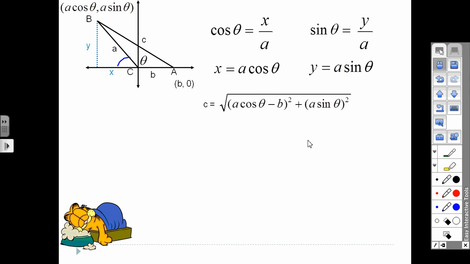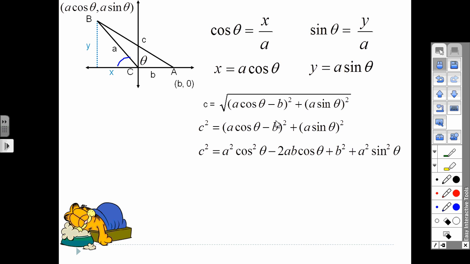And now it's just going to be a nice algebra game to simplify this. I'm going to square both sides and get rid of my square root. I'm going to square the a sine theta, and I'm going to multiply this whole thing out. Remember, you've got to FOIL it, right?